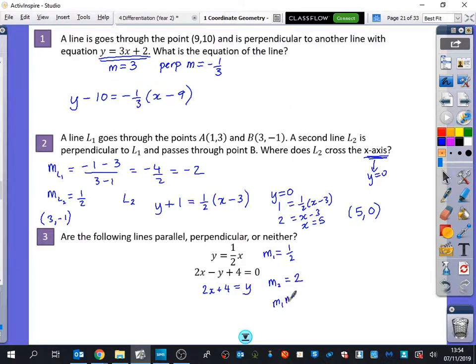Our m1 multiplied by m2 is a half times 2, which is 1. So it is not perpendicular. And we can also say m1 does not equal m2, so they are not parallel. So it is neither.